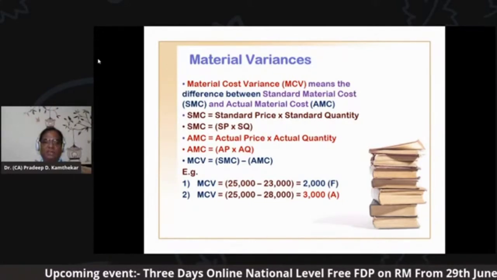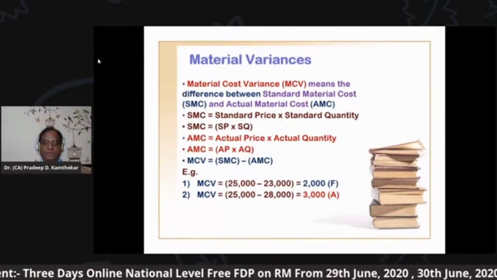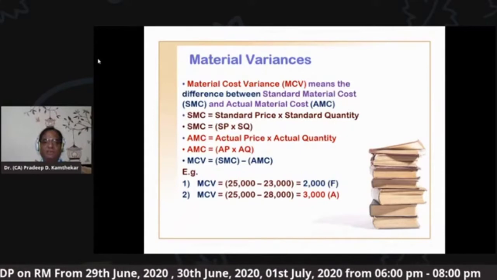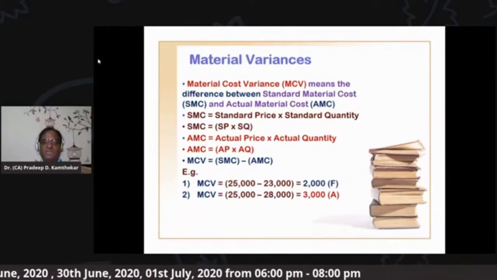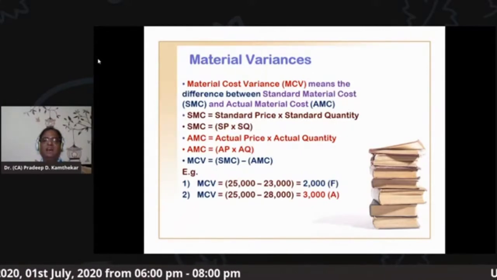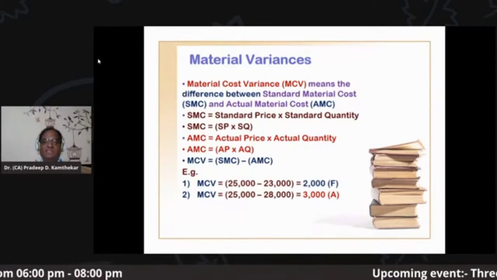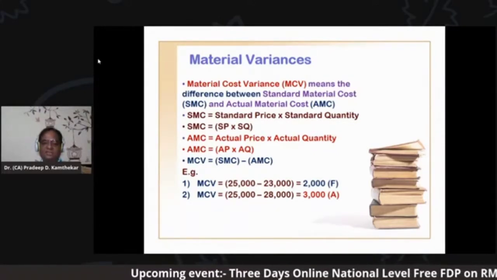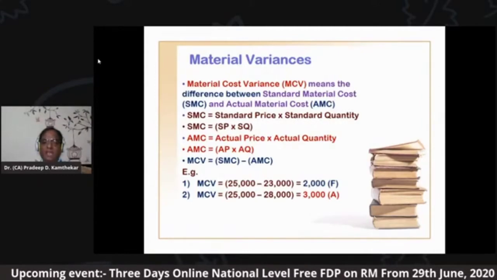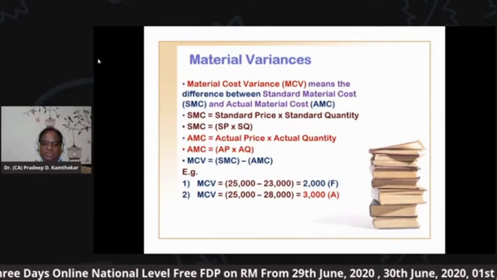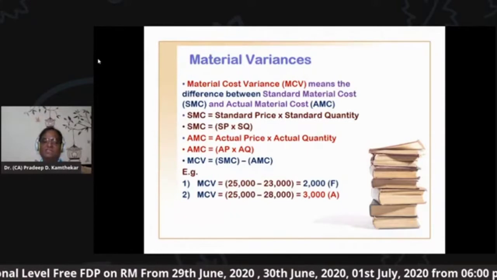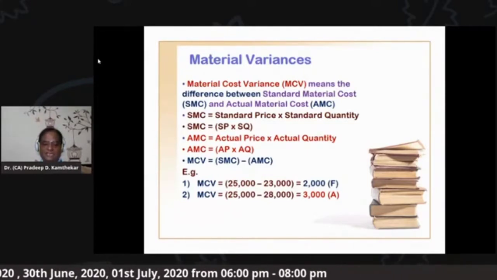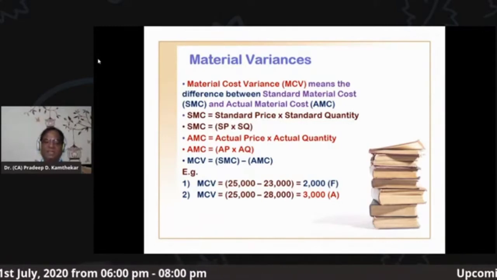This is going to take out the profit, or it might increase the losses of the business. So this unfavorable situation to the extent of rupees 3,000 we call a negative variance, which in standard costing we call adverse variance. So that 3,000 we write in bracket with capital A as adverse. So whenever actual cost is less than standard cost, it is favorable, and whenever actual cost is more, as you can see in the second example, it is adverse.